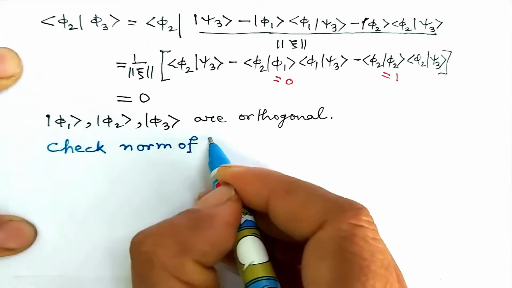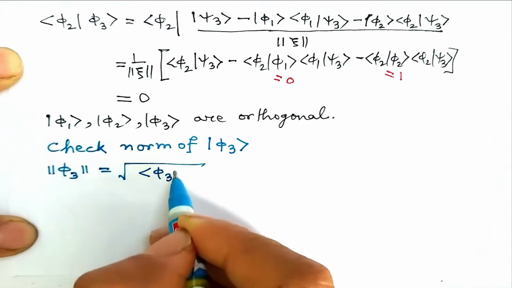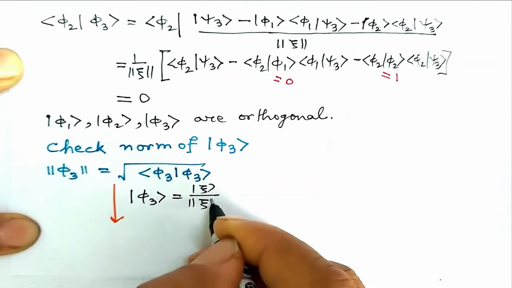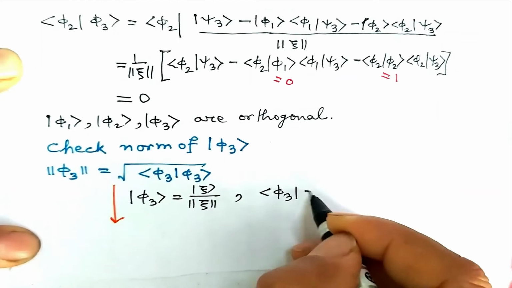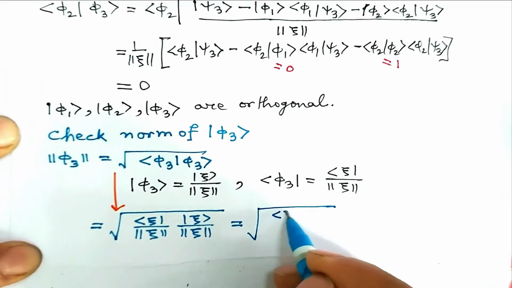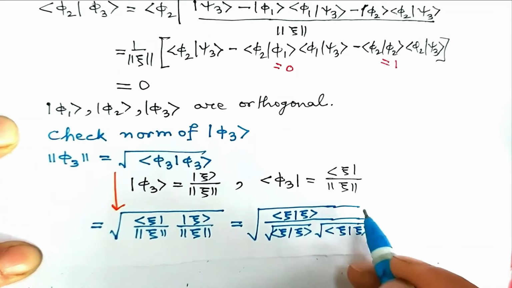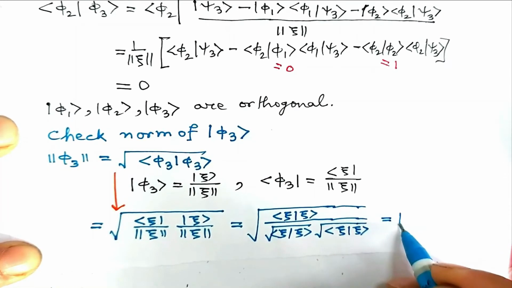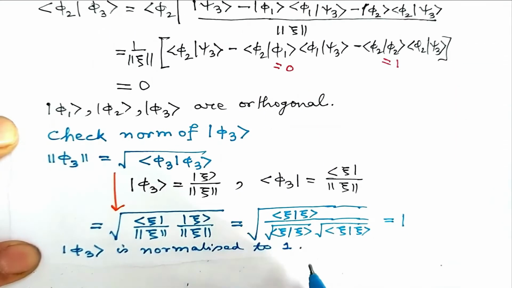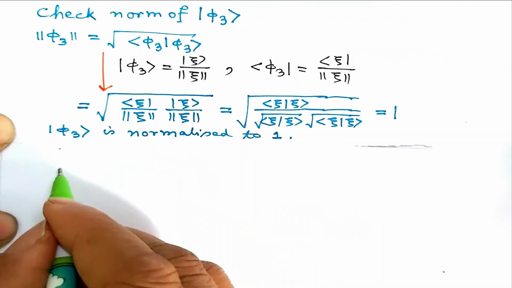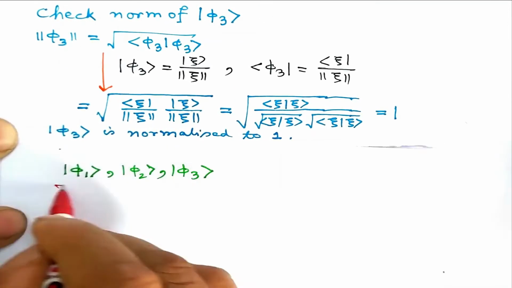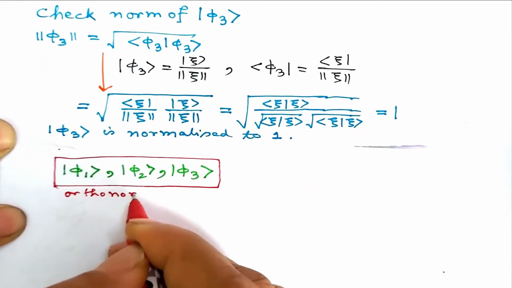Check the norm of ket phi 3. Putting the expression of ket phi 3 and bra phi 3, we have, the norm of ket phi 3 is 1. So ket phi 3 is normalized to unity. We have thus constructed three kets, ket phi 1, ket phi 2, ket phi 3, which are orthonormalized.